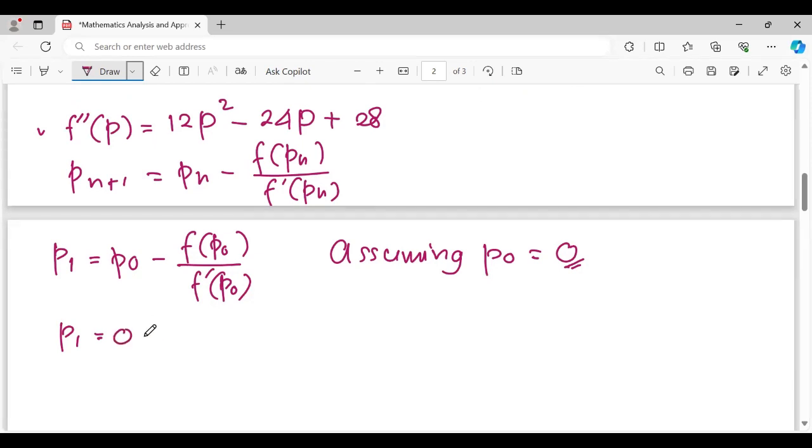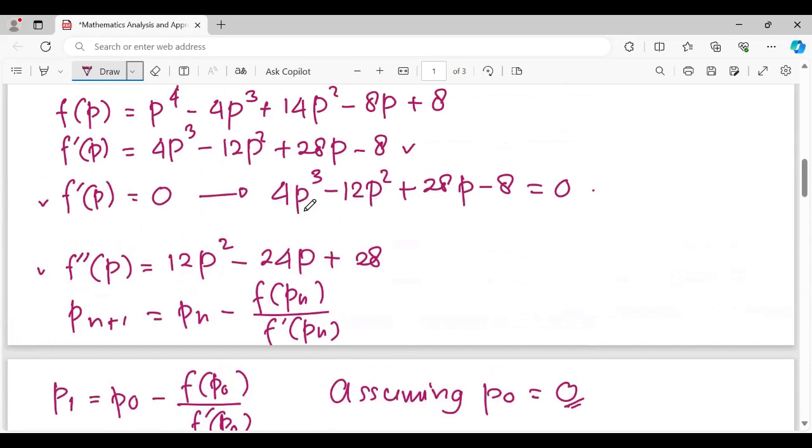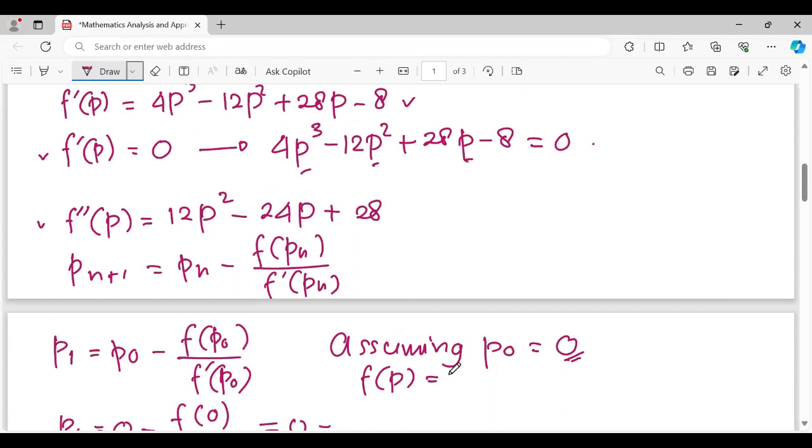So it's going to be 0 minus f(0) over the derivative at 0. I'm now writing here f(p) equals, this will be useful for our calculation.